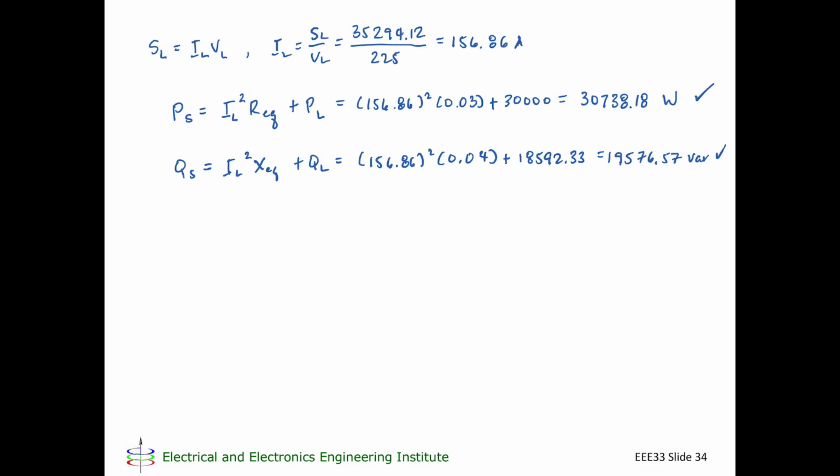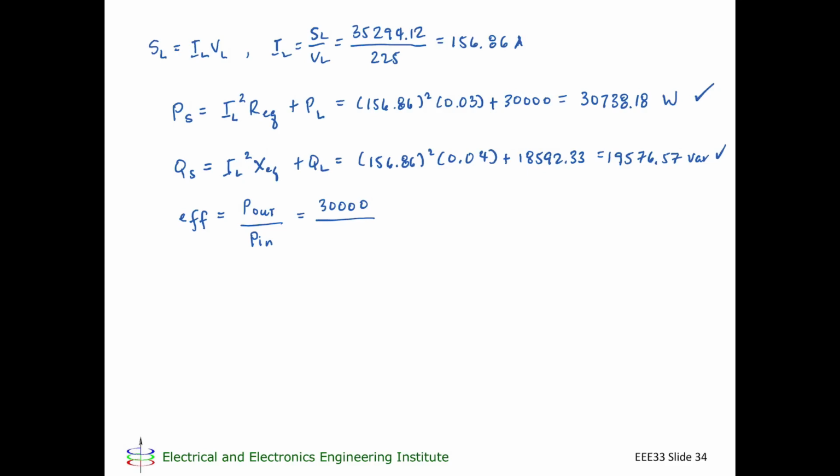Actually, I can already compute the efficiency. Efficiency is equal to my output power over my input power. My output power is the power that is delivered to the load, so that is 30 kilowatts.